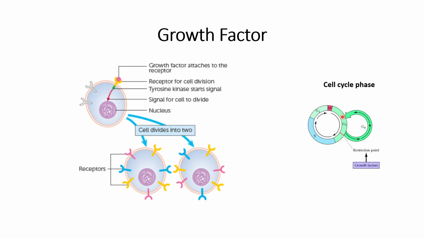So let us understand first the cell cycle phase. What is cell cycle phase? It is divided into different sections. Let us start with the G1. G1 is known as the growth phase, when the cells that have initially been divided start to grow, and various organelles of the cells begin to grow. And after that comes the S phase.